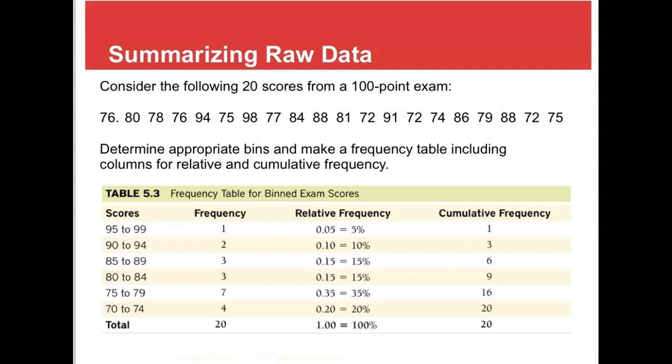So here's an example of binning. I have 20 scores from a 100-point exam, and I've binned those scores in groups of 5 points. So 70 to 74, 75 to 79, 80 to 84, and so on. So these are called the bins.